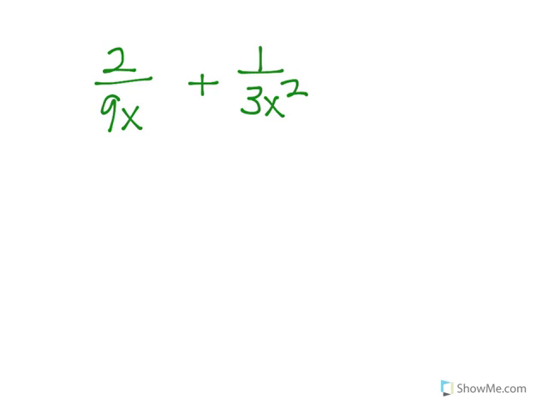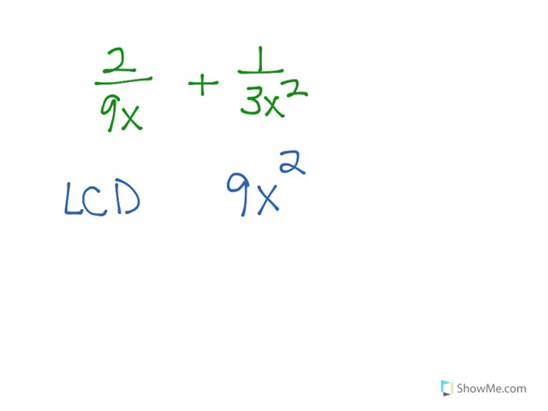And our least common denominator of x and x squared, if we're looking now at the variable portion, is an x squared. So we're going to go ahead and try to create a common denominator of 9. So our least common denominator is going to be 9x squared.